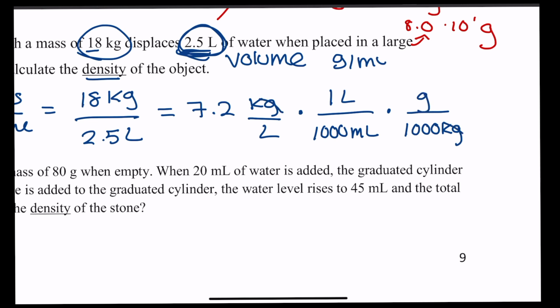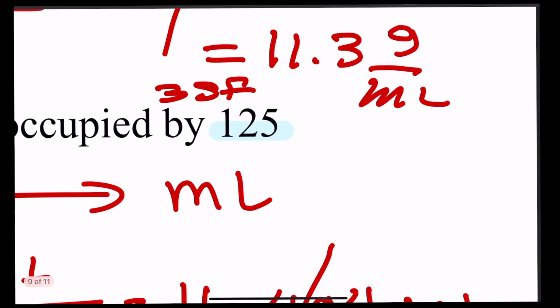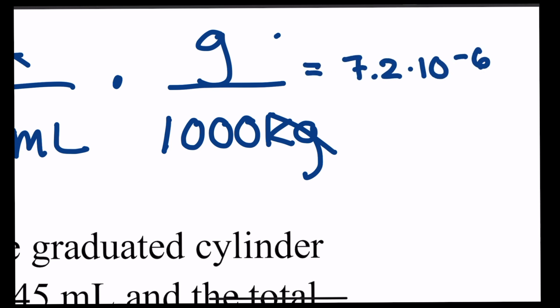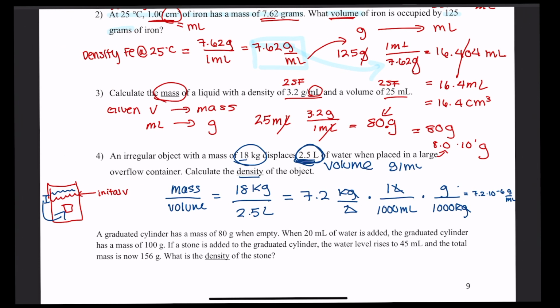So this cancels out and this cancels out, leaving us with grams at the top and milliliters at the bottom. So if I do that, I'll get 7.2 times 10 to the negative 6 grams over milliliter. Okay, so this is an extra step you can do.